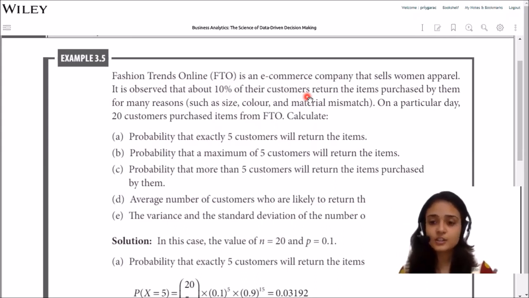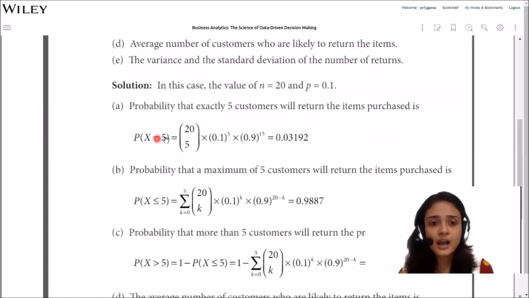So there are only two possible outcomes, and I can make use of the formulas from the binomial distribution. I want to find the probability that exactly 5 customers will return the items, so I have the formula: probability for x, where x is equal to 5. I got this formula from the binomial distribution. So let's see that.